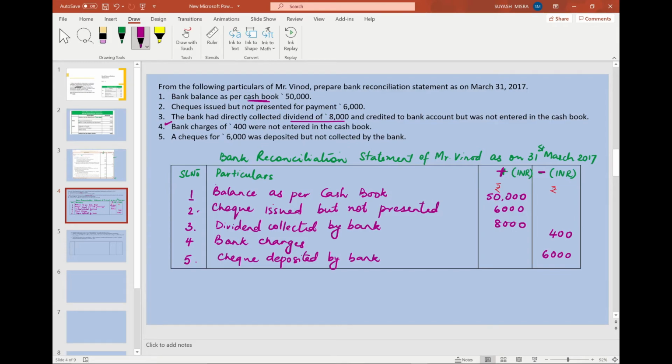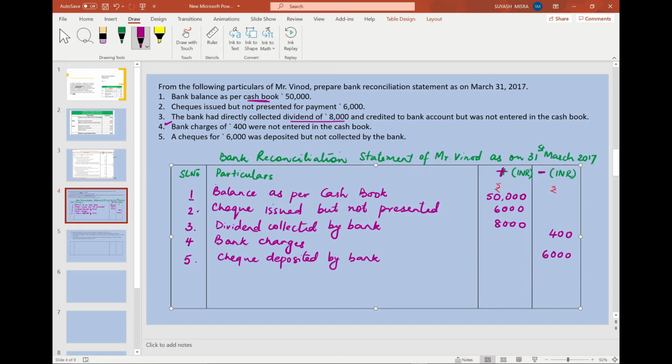Now we have to tally it. And we should arrive at the bank balance as per bank book. So let me see here. What is the total amount on this side is 64,000 and on this side is 6,400.